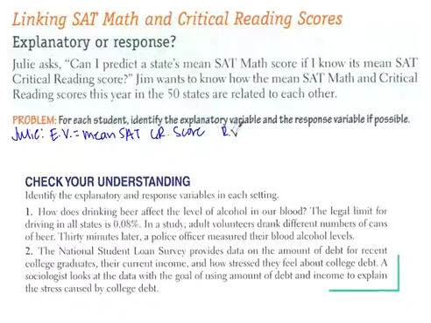And the response variable would be the mean SAT math score. So what she's saying is, if she has the mean SAT critical reading score, that she should be able to predict the mean SAT math score, which would mean that the critical reading score had some sort of effect on the math score.